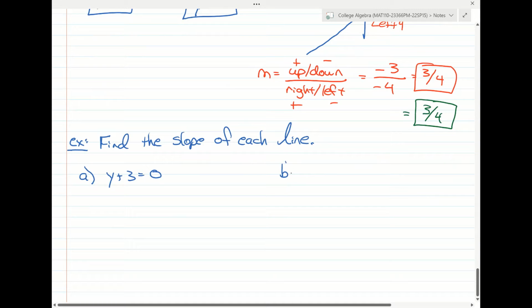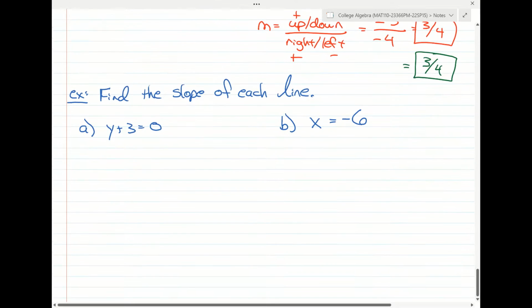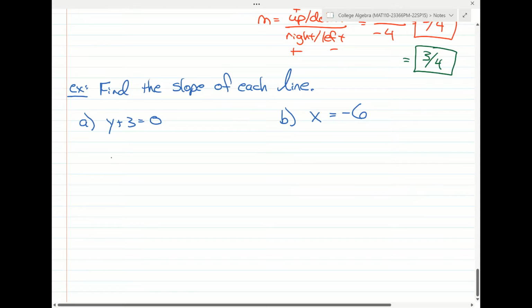And let's say x equals negative 6. You get y by itself and just subtract 3 on both sides.